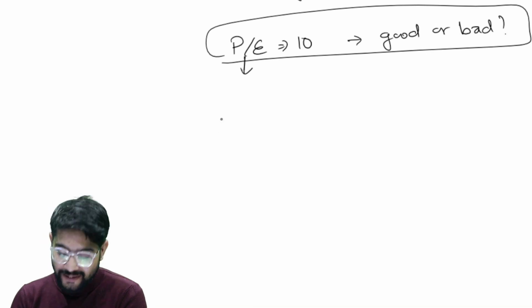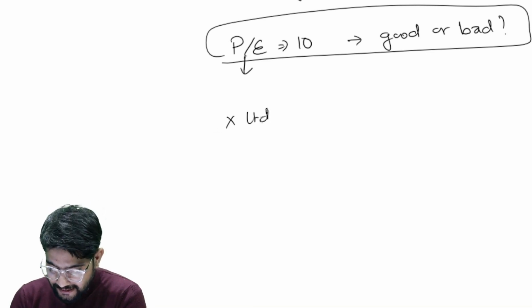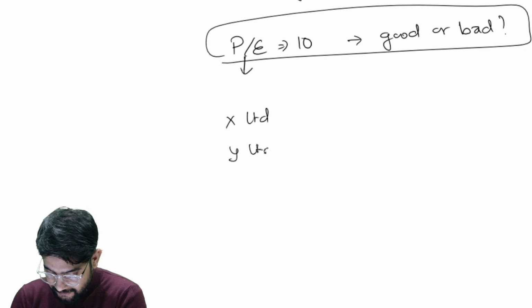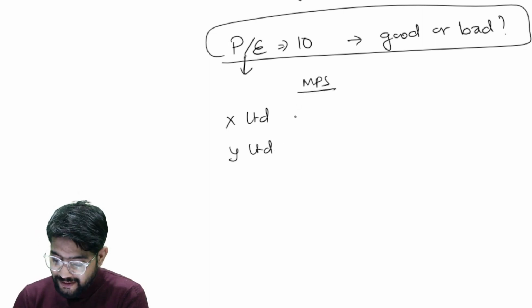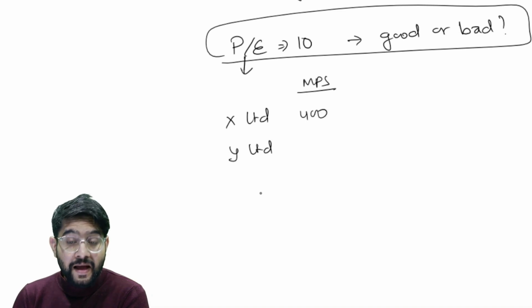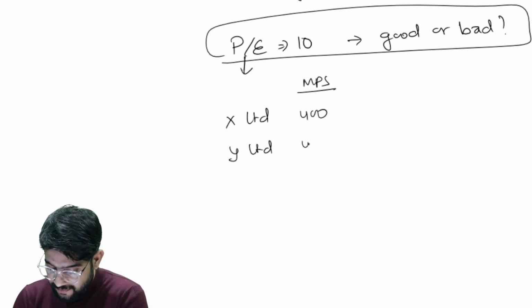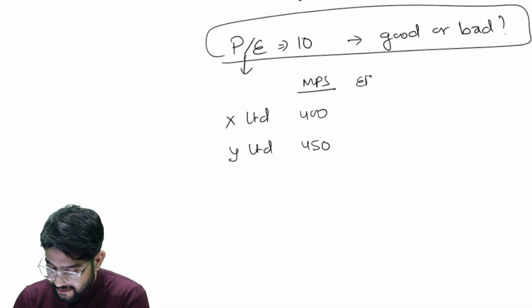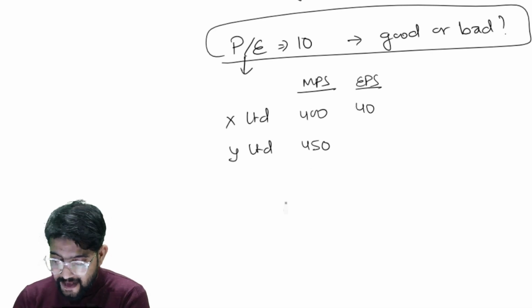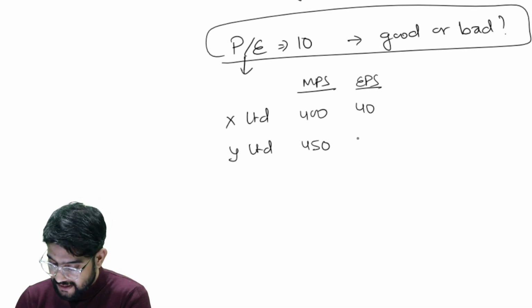Suppose there are two companies, X Limited and Y Limited. The current market price of X Limited is 400 and the current market price of Y Limited is 450. The expected EPS of X Limited is 40 and the expected EPS of Y Limited is 50. So now what is PE?